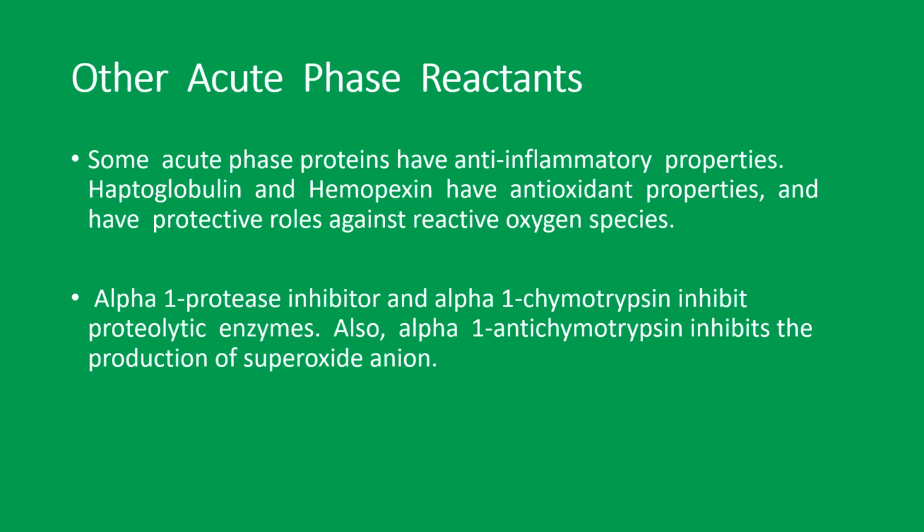Some acute phase proteins have anti-inflammatory properties like your haptoglobin and hemopexin, having antioxidant properties and protective roles against reactive oxygen species. Your alpha-1 protease inhibitor and alpha-1 chymotrypsin inhibit proteolytic enzymes, while your alpha-1 antichymotrypsin inhibits the production of superoxide anion.